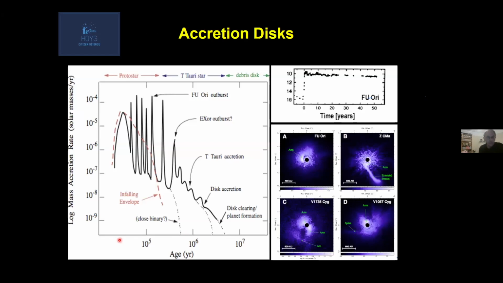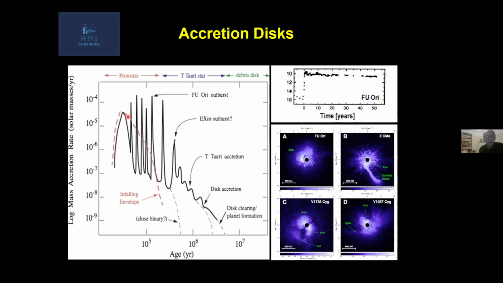So this is the only really sciencey graph that I have. This is how we think the mass accretion rate, plotted here on the y-axis, changes over time. I already told you the whole accretion process takes only 1 million years. This is here. And what we already know is the mass accretion rate is not constant, it changes. It drops typically over time, because eventually the star is finished and you stop accreting material.